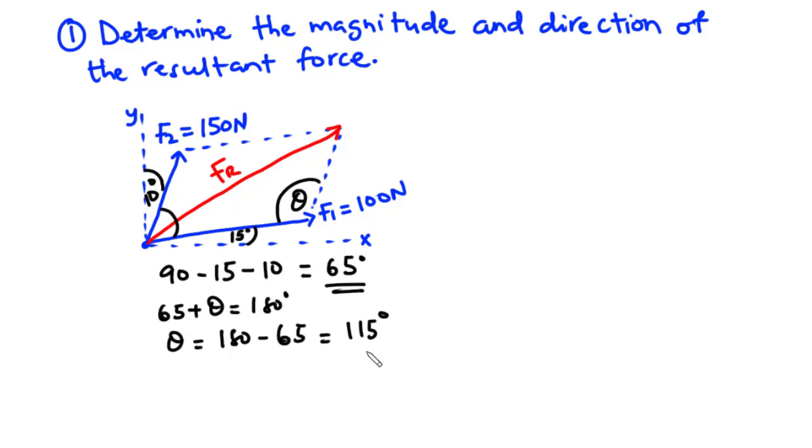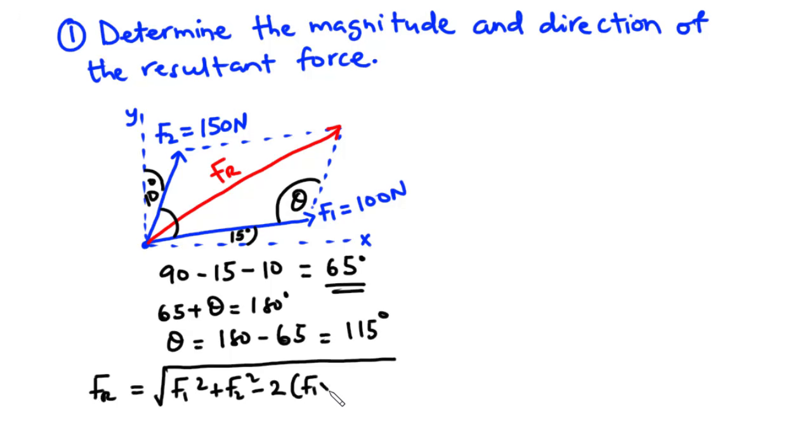Now since we have the angle theta, then we can find Fr, that is the magnitude of the resultant force. So according to the cosine rule, Fr is equal to the square root of F1 squared plus F2 squared minus 2 into brackets F1 times F2 cosine 115 degrees.